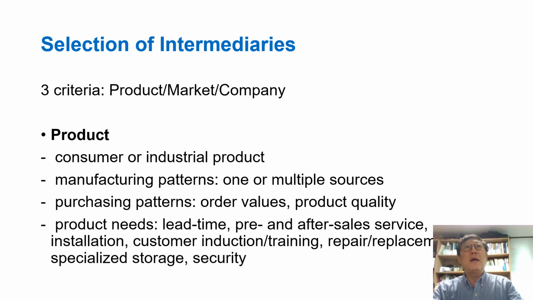When we select intermediaries, we have to consider three things. The first is what kind of product is in question. What product do we want to sell? Is it a consumer product or an industrial product? Are manufacturing patterns one source or multi-source? Are purchasing patterns based on order values or product quality?